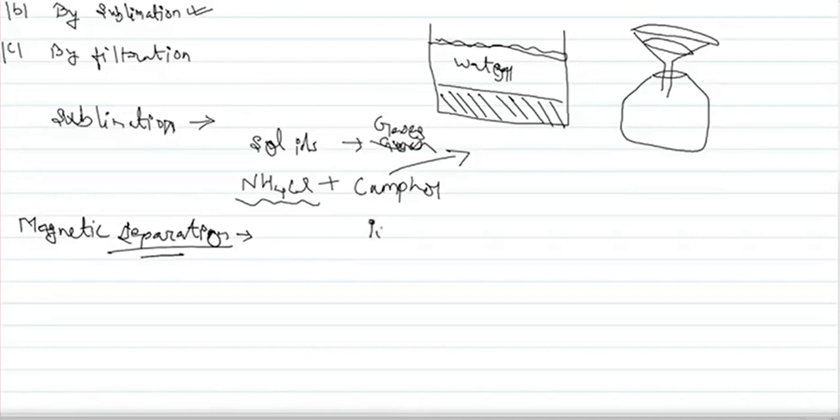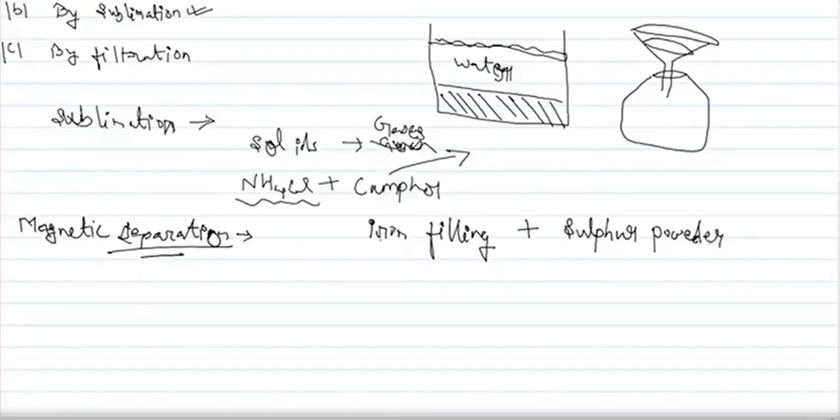So I am taking an example of iron filings mixed with sulfur powder. Here I want to separate these two components of the mixture.